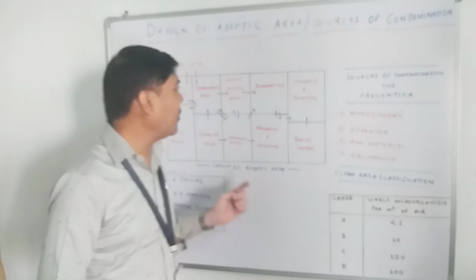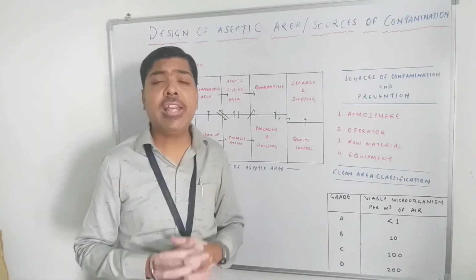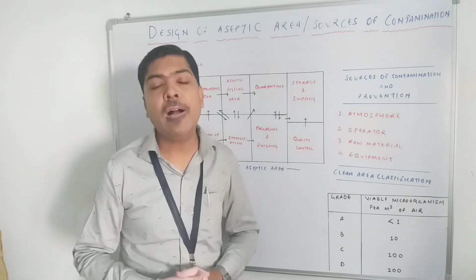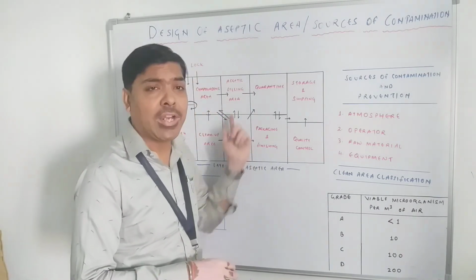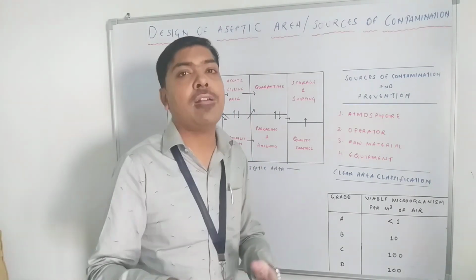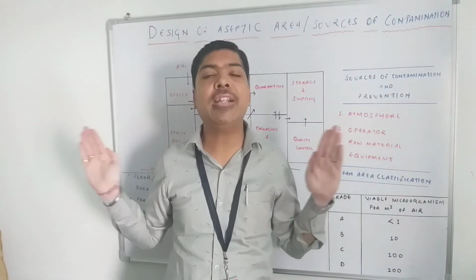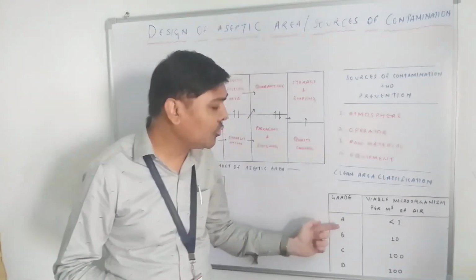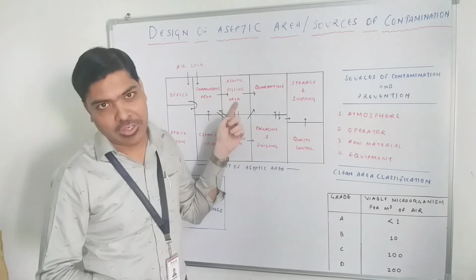Suppose we are talking about an aseptic filling area. It is a very important area, because here the sterilized product received from the sterilization section is transferred into its final container. So the environment should be completely sterilized, which means we need to choose a grade A area in this section.